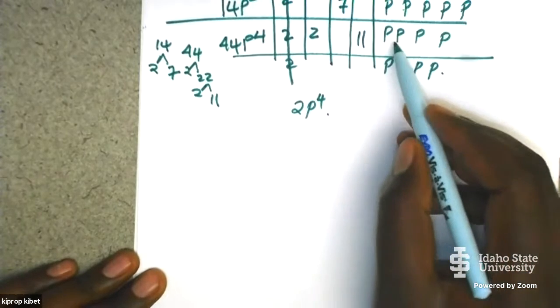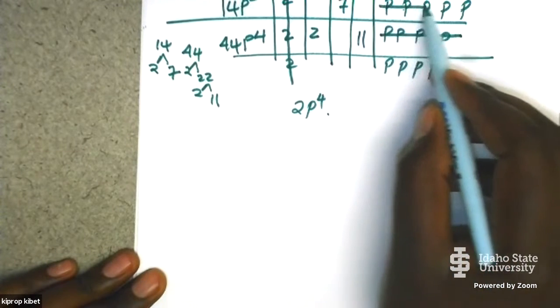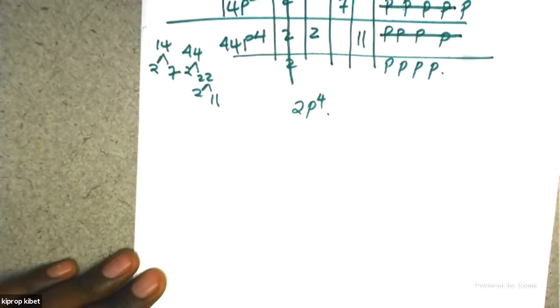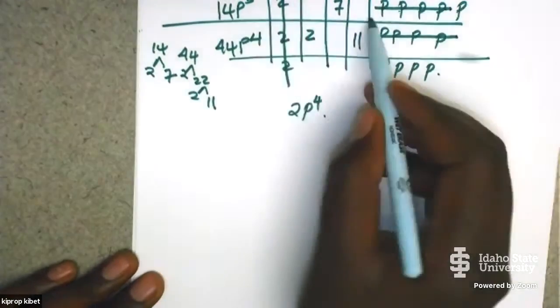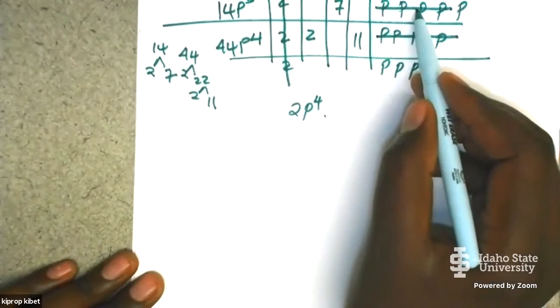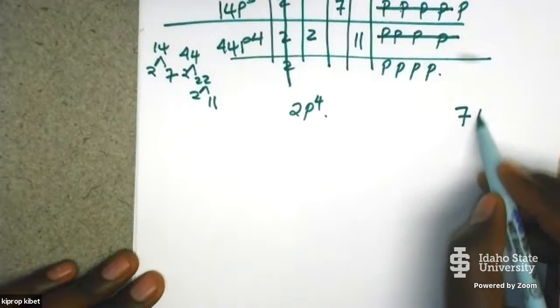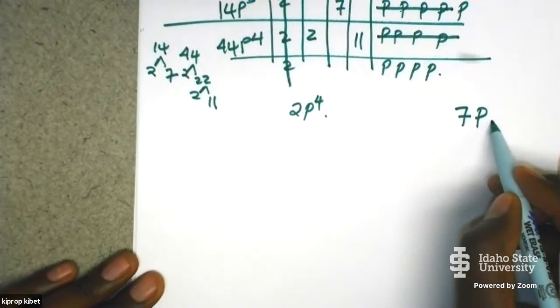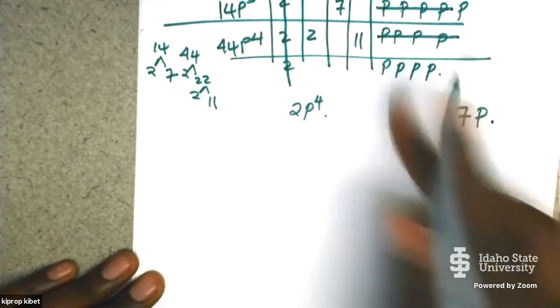Since these have been factored out, 4 of them, we cross that. Are you seeing that? So what remains in 14p^5? 7p, right? What remains in 44p^4? 22.